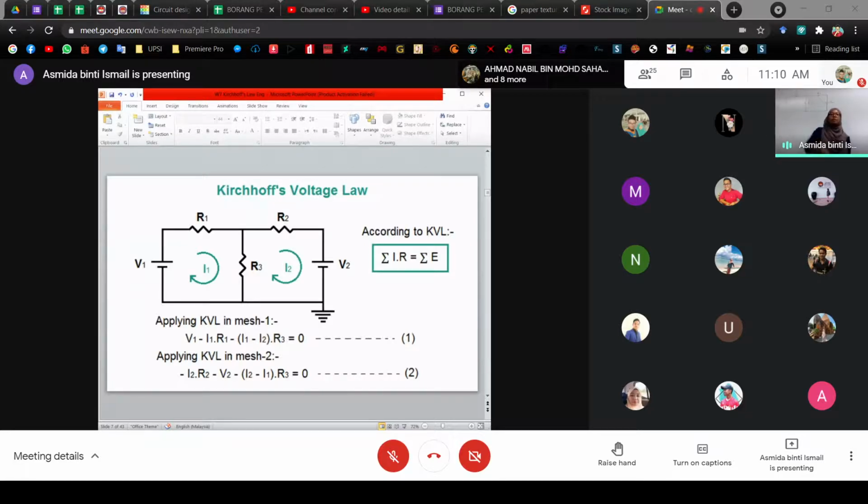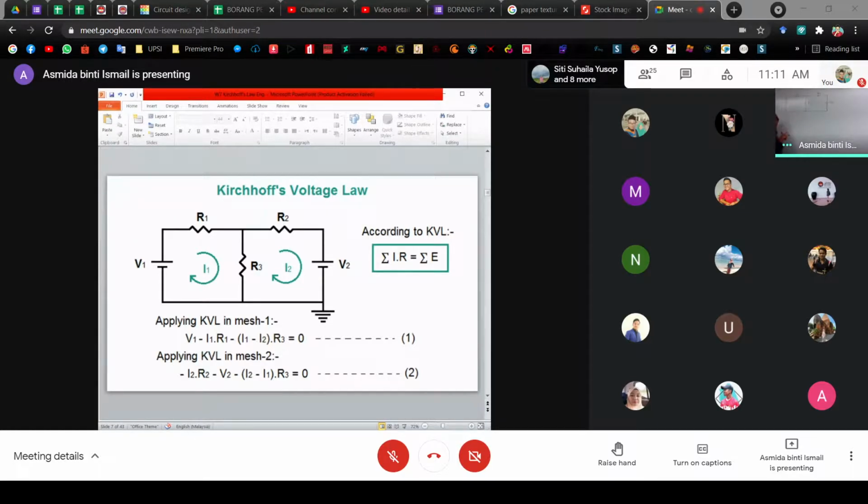If you have two voltage sources, you cannot use the previous method. You need to use a loop method, or mesh analysis. I show you how. The first step is we need to draw the loop first.